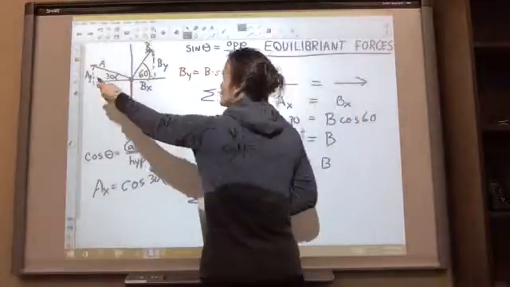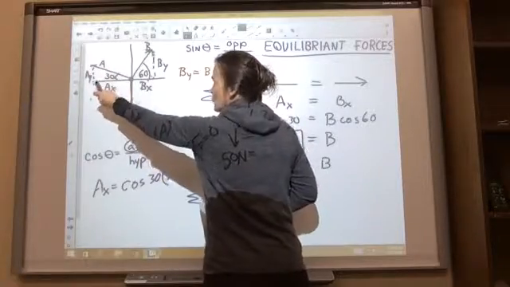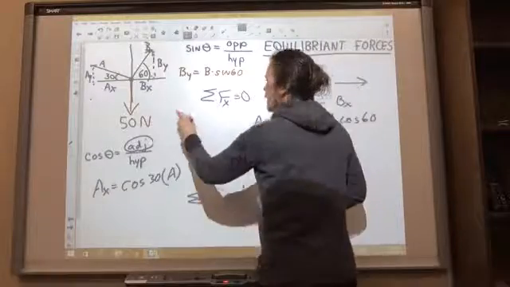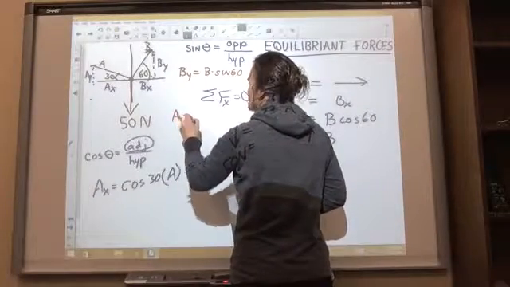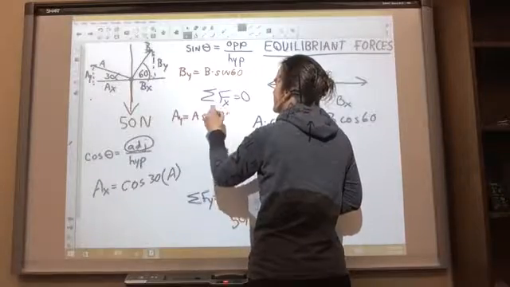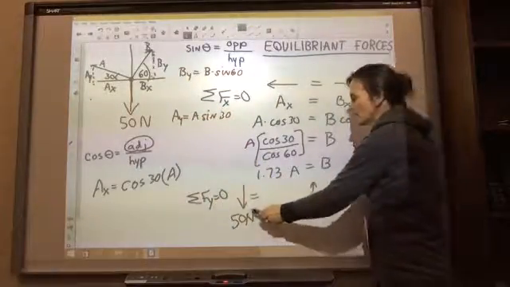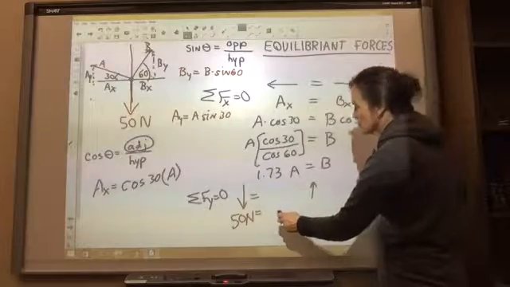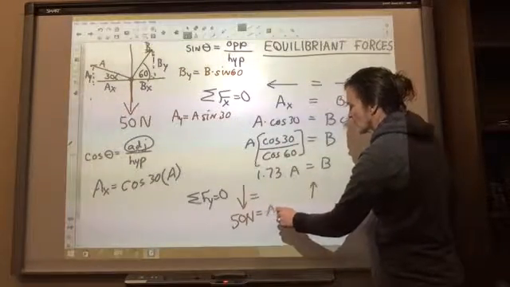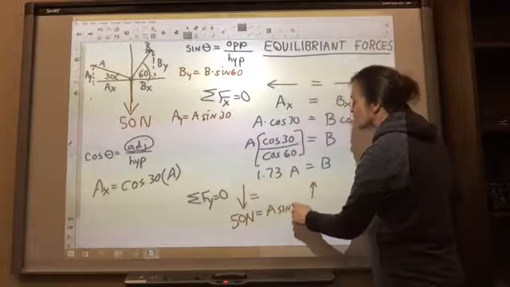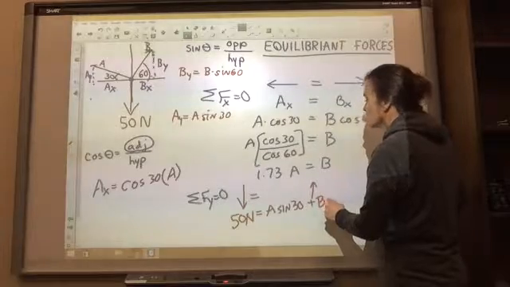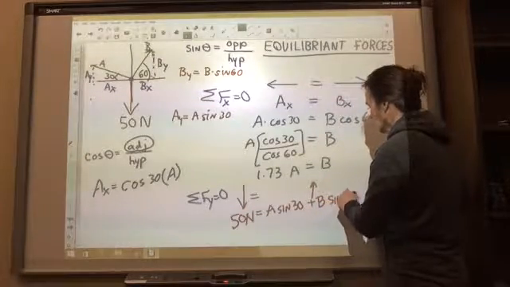And to find the y component of A, this vertical component, A sub y is going to be A times the sine of 30. So well, our 50 newtons down has to equal both of the up forces, which is A sine of 30 plus B sine of 60.